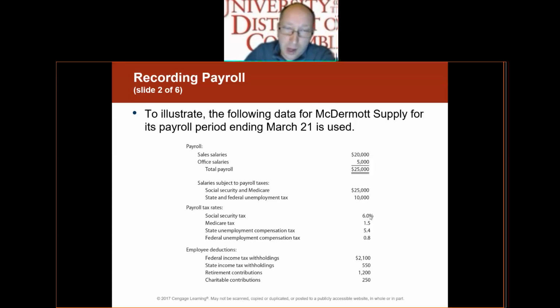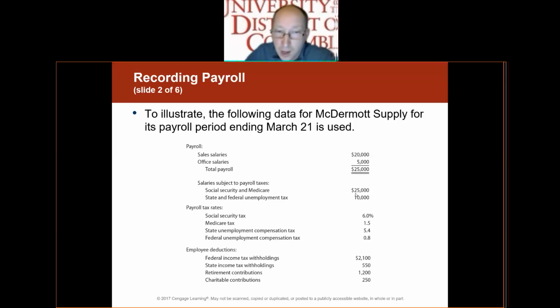So we have 6% Social Security, 1.5% Medicare, 5.4% state unemployment, and 0.8% federal unemployment. So here are the withholdings. Federal income tax withheld, $2,100. How do we get $2,100?